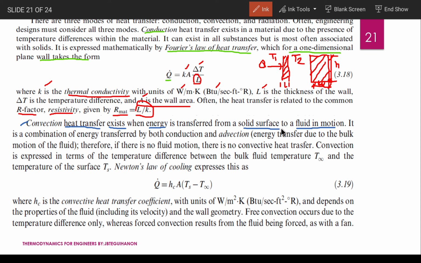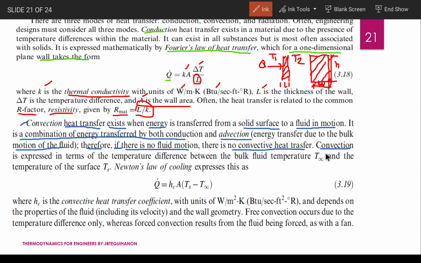Solid to liquid in motion. It is a combination of energy transfer by both conduction and advection. Yung advection mo, heat transfer due to the bulk motion of the fluid. If there is no fluid motion, there is no convective heat transfer.